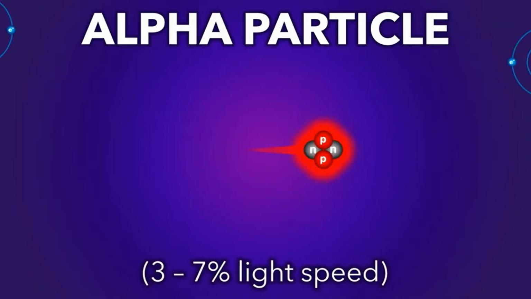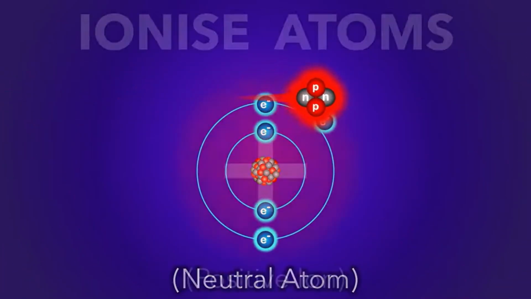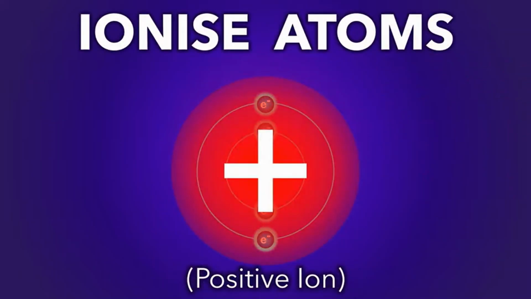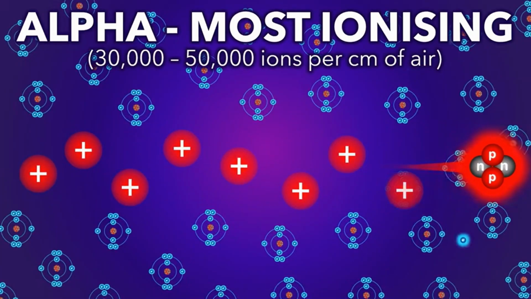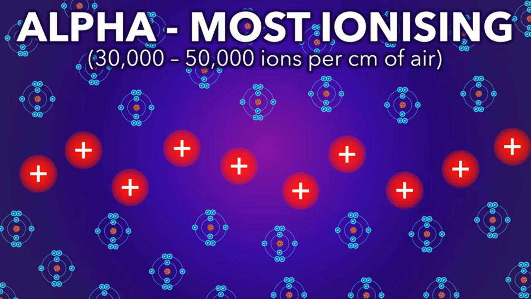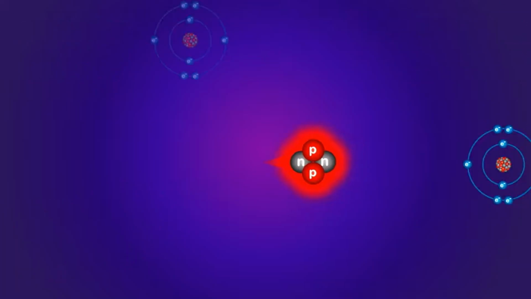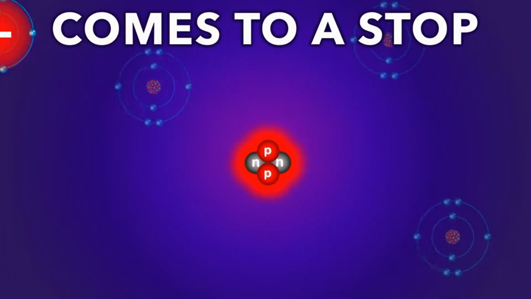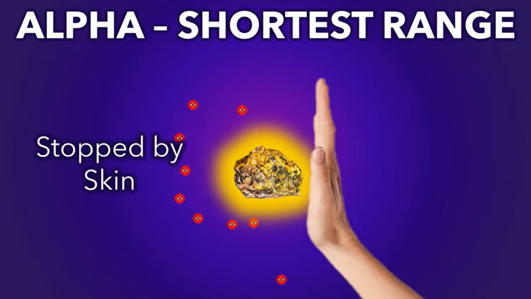An alpha particle is ejected at about 5% light speed, and has enough energy to kick electrons from atoms, turning them into ions. Alpha is the most ionising, creating 30 to 50,000 ions per centimetre of air. But being highly ionising means it quickly loses energy and stops, giving it the shortest range of about 1 to 5 centimetres in air, and it can't pass through skin.